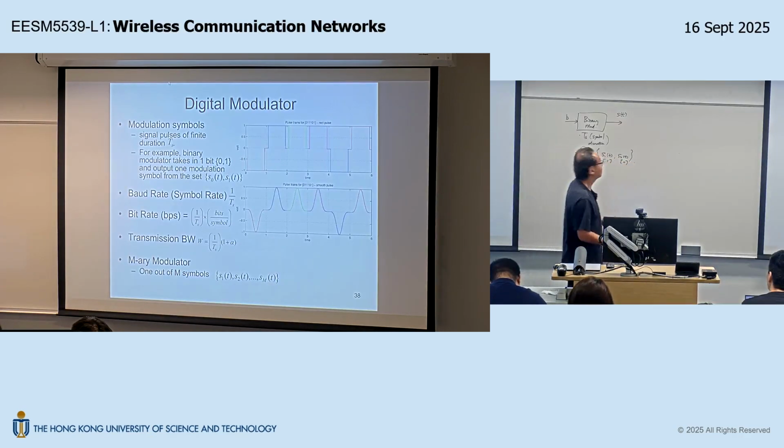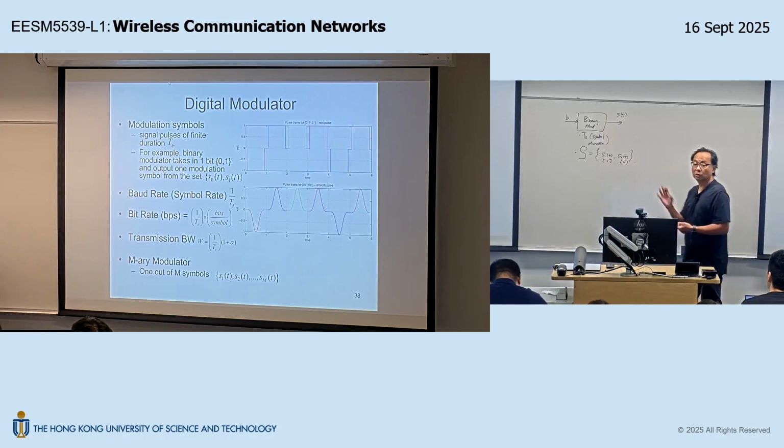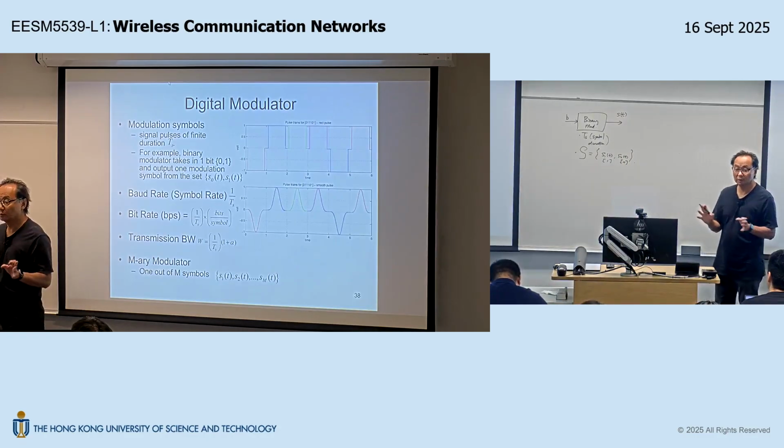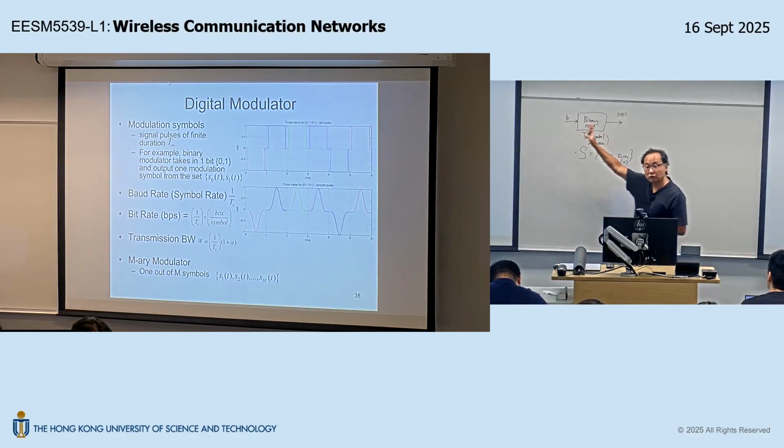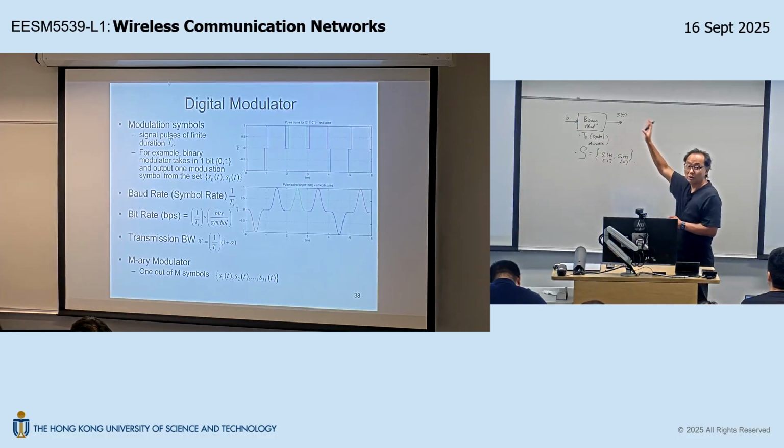So that means the operation of this binary modulator would be very straightforward. Every symbol duration, you take a look at the input bit. If the input bit is 1, your output symbol will be S1(t). If your input bit is 0, your output symbol will be S2(t). Is that okay? So S1(t) if the input bit is 1, S2(t) otherwise.